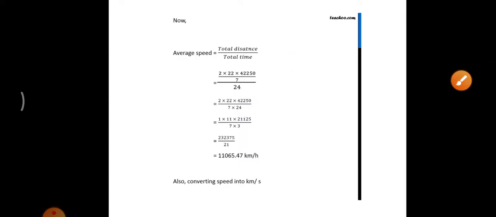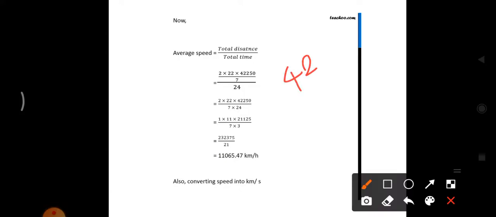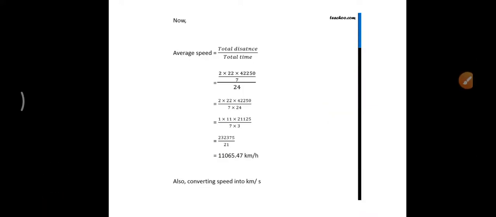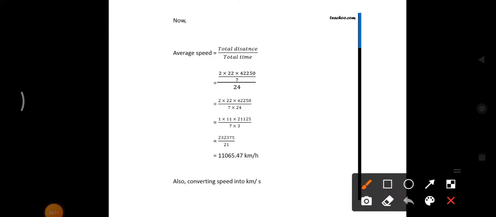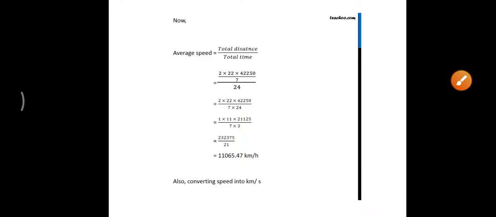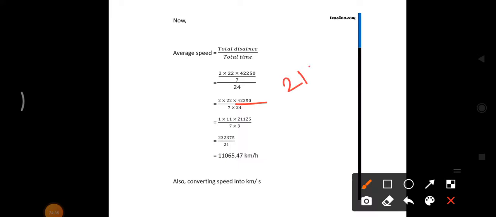If you cancel 4, 2, 250 by 24. See here, 24 twos are 12 twos are 24, 1 twos are 2. 6 twos are 12, 11 twos are 22. 3 twos are 6, 1 twos are 2. 2 twos are 4, balance 1, 5 twos are 10.